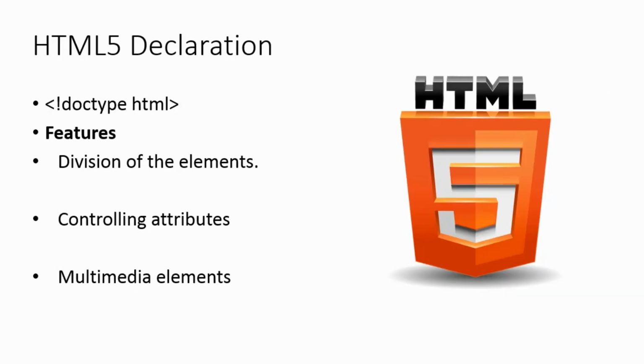Next is the HTML5 declaration. We can declare HTML5 through less-than sign, exclamation, doctype, space, HTML, greater-than sign. It declares that the web page is HTML5. In HTML5 there are some features like division of the elements. We can have separate divisions.